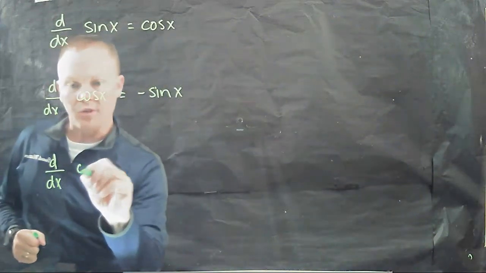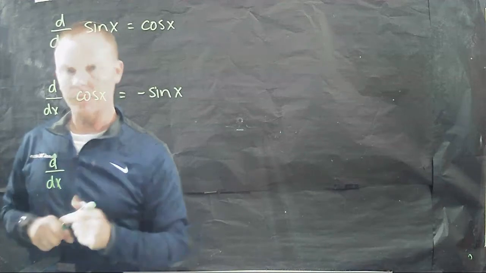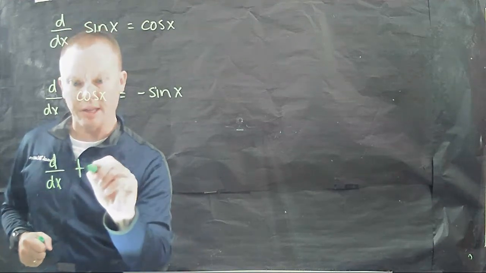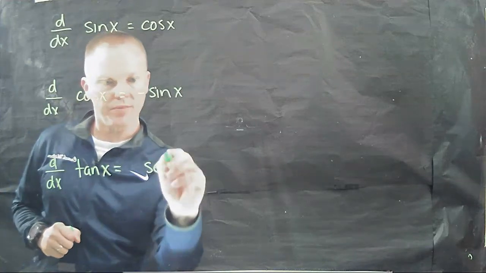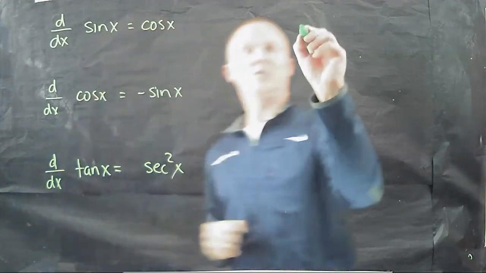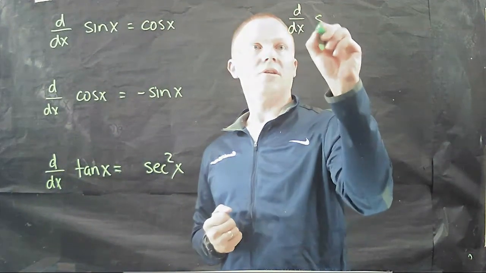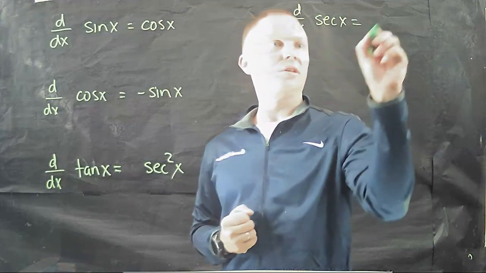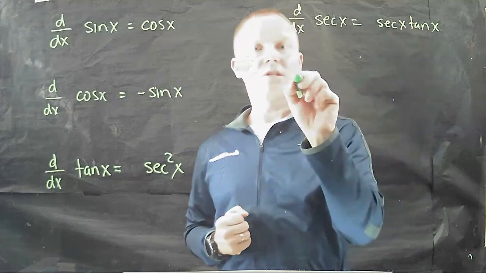The derivative of, sorry, I didn't want to do cotangent first. The derivative of tangent of x is secant squared. The derivative of secant of x is secant of x tangent of x.